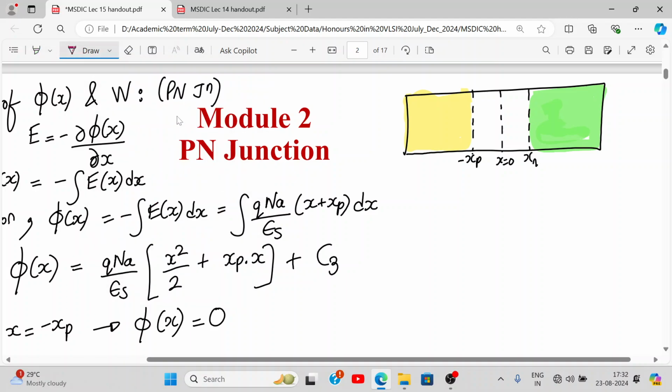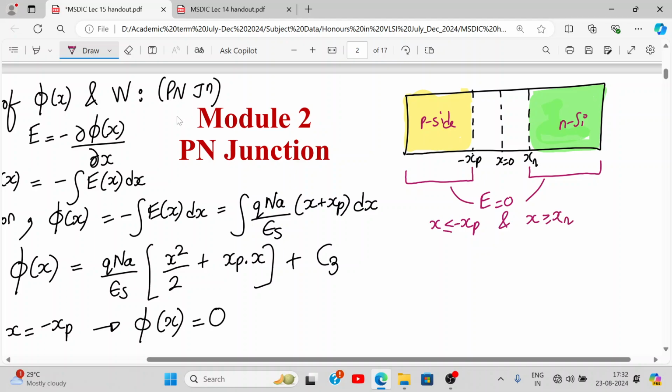The electric field is 0 from here to here. This is the P side, this is the N silicon. So here the electric field is 0, inclusive at x equal to minus xp and at x equal to xn. So it is 0 for x less than or equal to minus xp and x greater than or equal to xn.